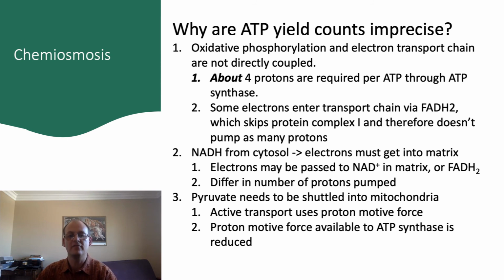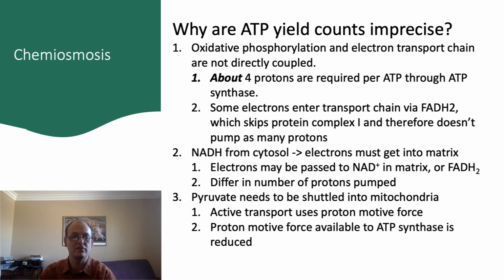The second reason for an inexact count is that NADH must be brought from the cytosol where it's produced by glycolysis. As those electrons are brought in from the cytosol, they may be passed to NAD+ in the matrix or to FAD, but whichever one is used will cause a different number of protons to be pumped via the electron transport chain.